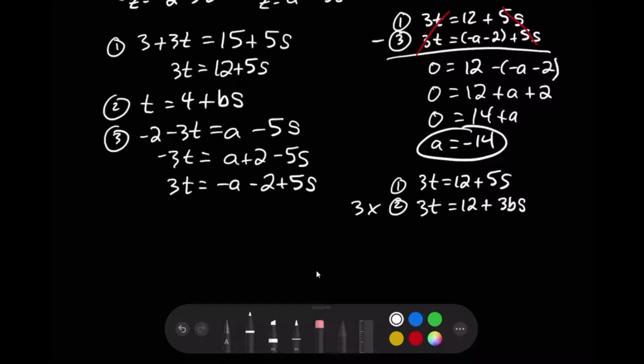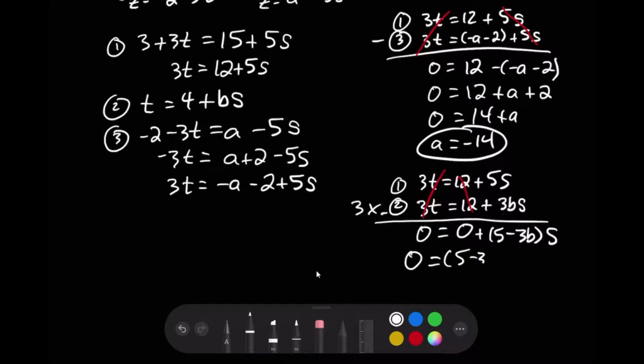Let's work through this, and we are going to subtract. 3t minus 3t is 0, 12 minus 12 is 0, and 5s minus 3bs is 5 minus 3b times s. So I have 0 equals 5 minus 3b times s.